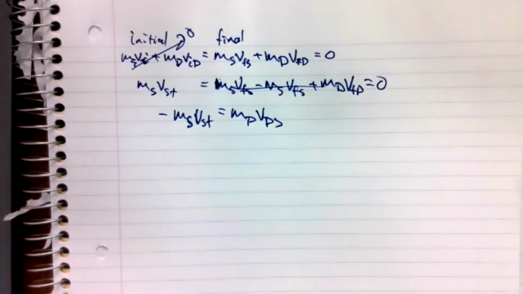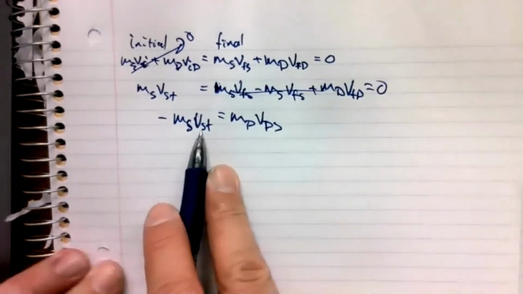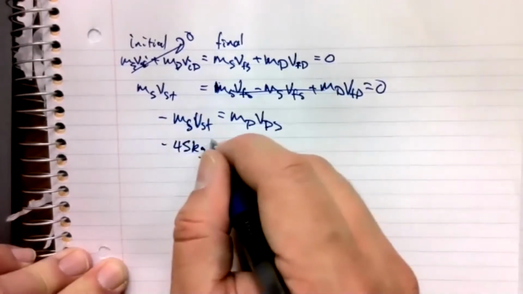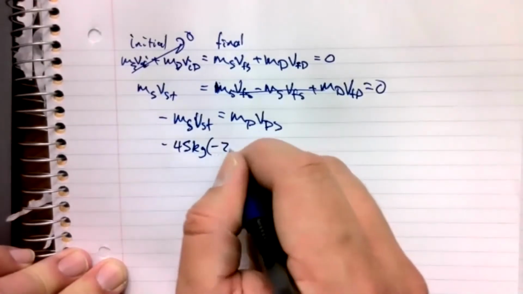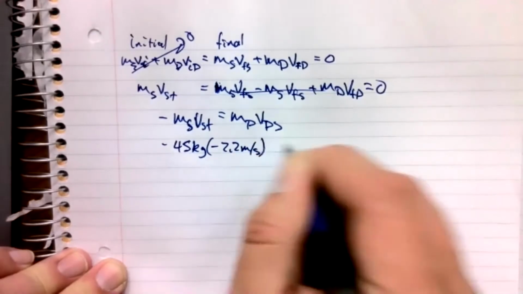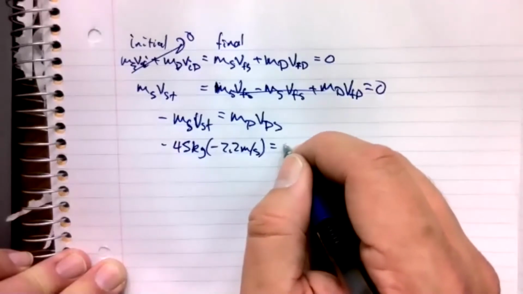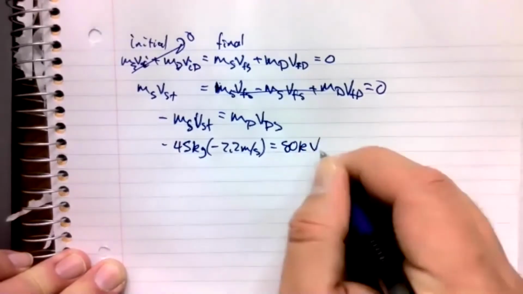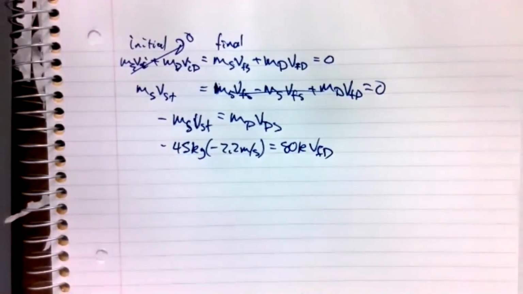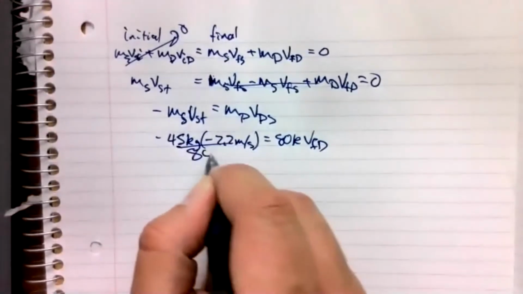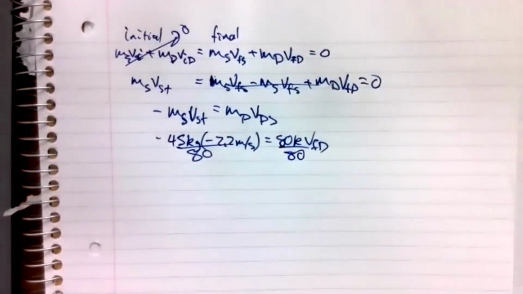Now I'll put in my numbers, and I'll say her velocity is negative, so this will be 45 kilograms times a negative 2.2 meters per second is equal to his mass, which is 80 kilograms, times his final velocity, which is what we're after. So then I'll just divide both sides by 80. And now I can plug that into Mathematica.